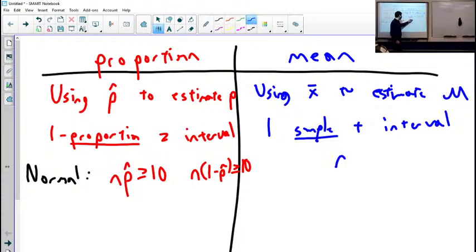Over here, we're checking whether n is at least 30. And then everything else about step 2 is the same.